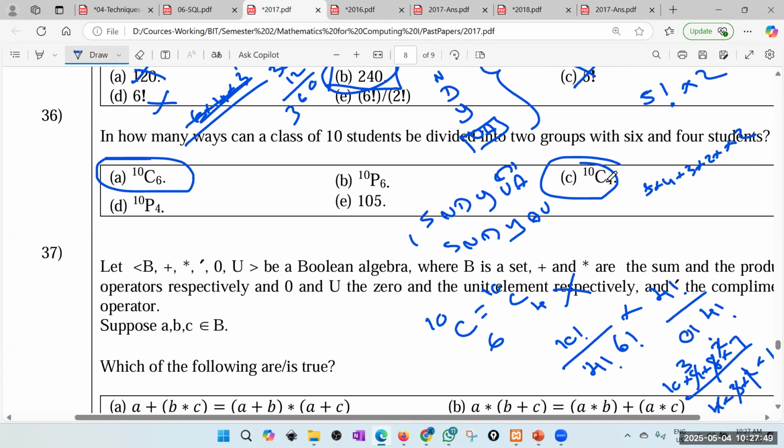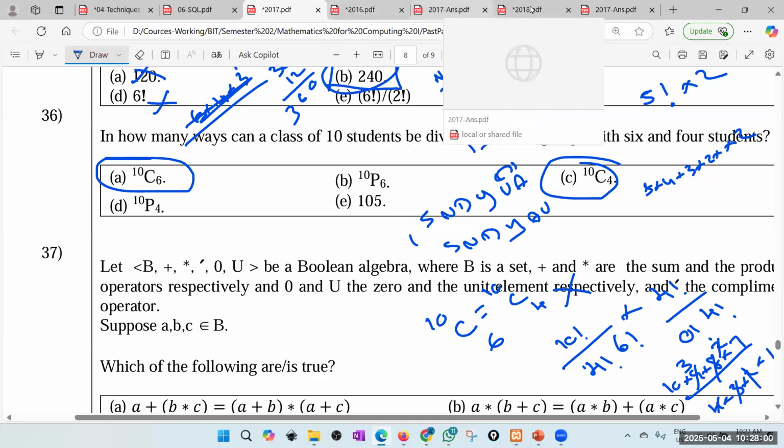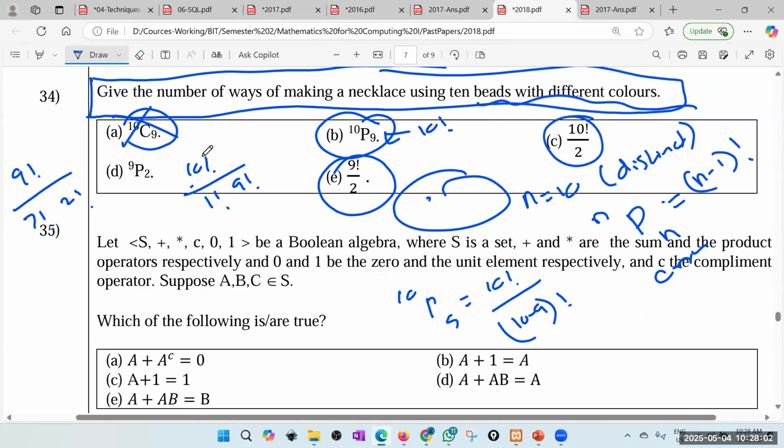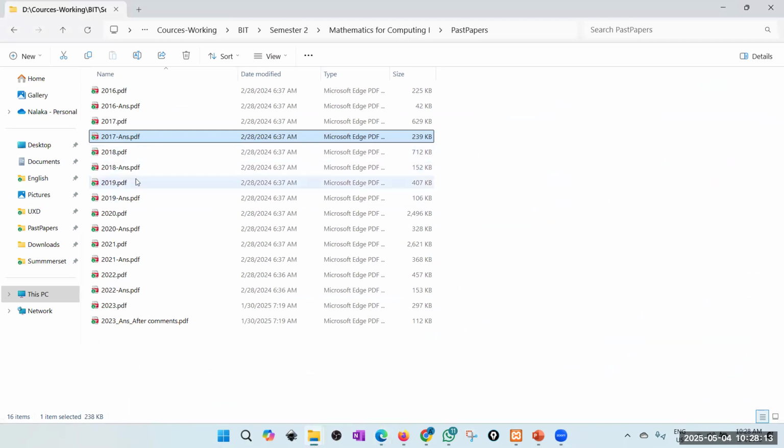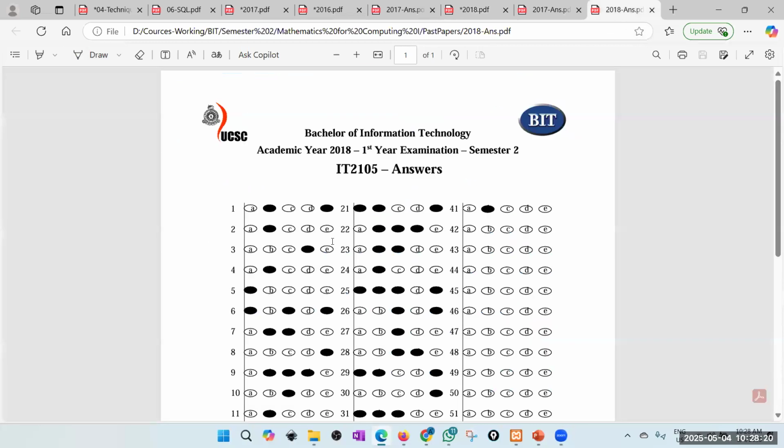Not the question, sorry. 2018 we did. No, this is, sorry, 2016. 18, question number 34, sorry, 18. 2018, 34, right, sorry. I need to take the 2018 paper and answer question number 34.